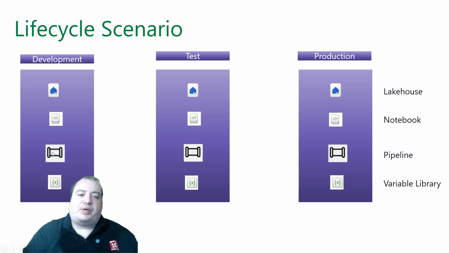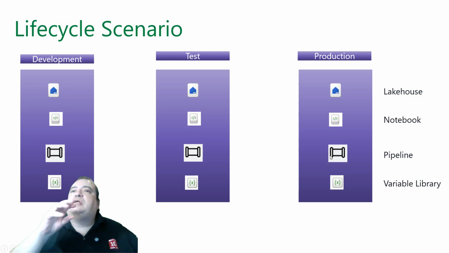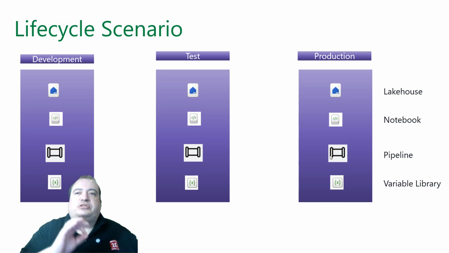The deployment pipeline automatically adjusts from the notebook in development to the notebook in test to the notebook in production. The objects adjust their reference automatically. The few references that they could not adjust automatically, we can use deployment pipeline rules to adjust.